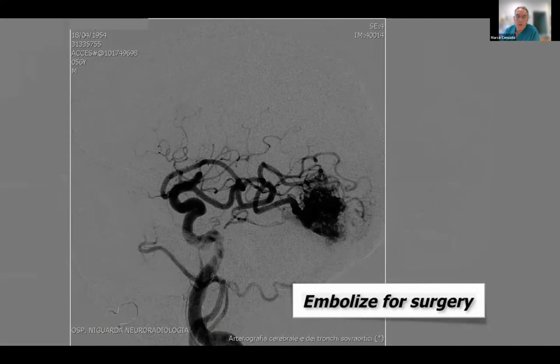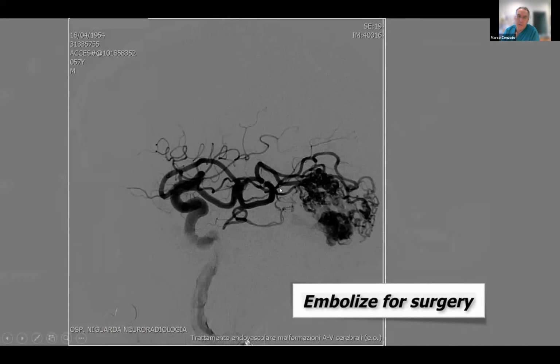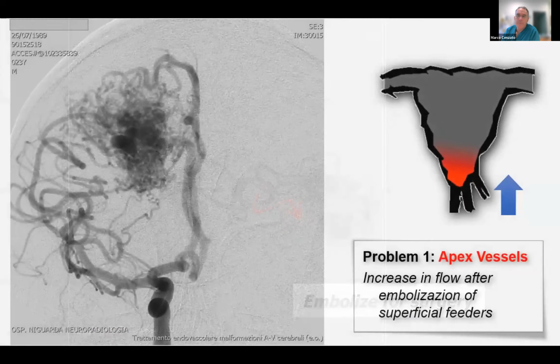So what we require in an AVM like this one is to embolize for surgery, to occlude this vessel that was here, this vessel which is behind the AVM, and then all these vessels can be controlled easily by surgery.